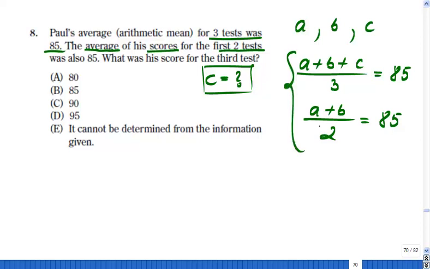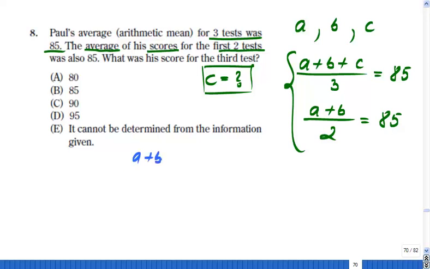Well, this is actually a system of equations in 3 variables, if you want. But from the first one, A plus B plus C over 3 equals 85, I can find what A plus B plus C is, right? How can I find that?